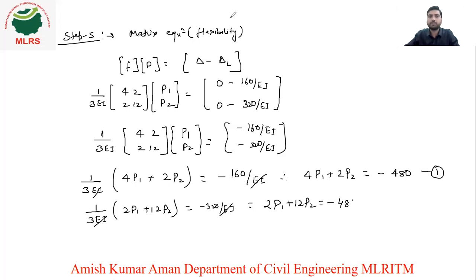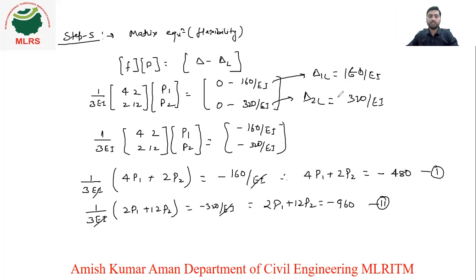So here it will be 960. Now it will become 960. This is equation number 2. No problem. This is just the delta 2L value and this is your delta 1L value. What is the delta 1L value? 160 upon EI, and the delta 2L value we have calculated is 320 upon EI.